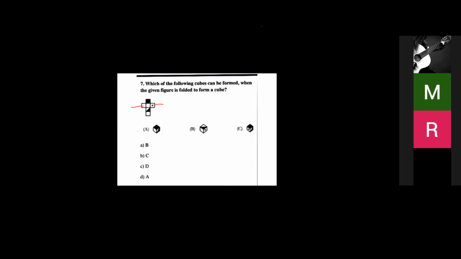And ma'am, in the second figure, it is coming adjacent. That is because these two sides are also empty, no? Maybe that could be there, right? So here you're having the dot, and the top portion is half shaded, and this side is empty.